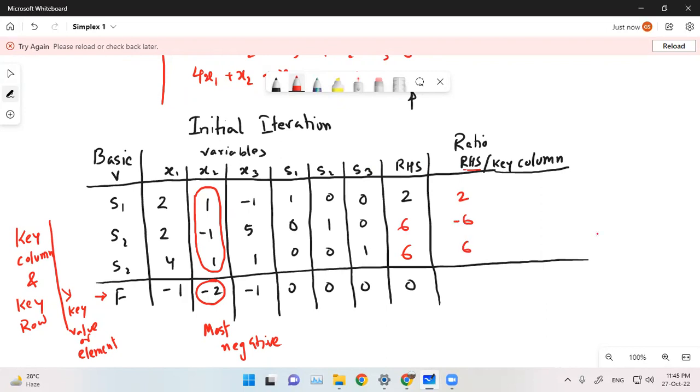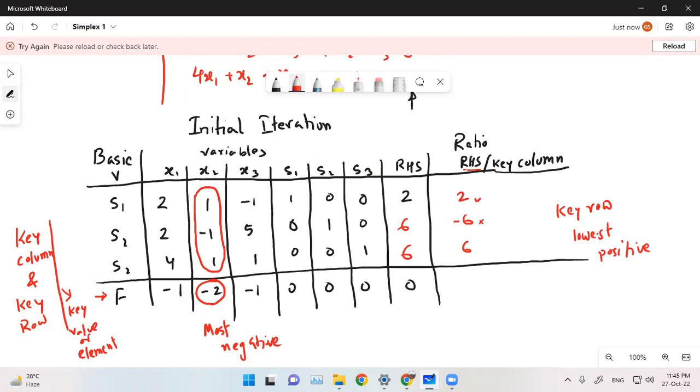The procedure for selecting the key row is to find the lowest positive ratio. If it is negative, we will not take it, so there is no question of selecting this row. Out of these two, the minimum is this one.